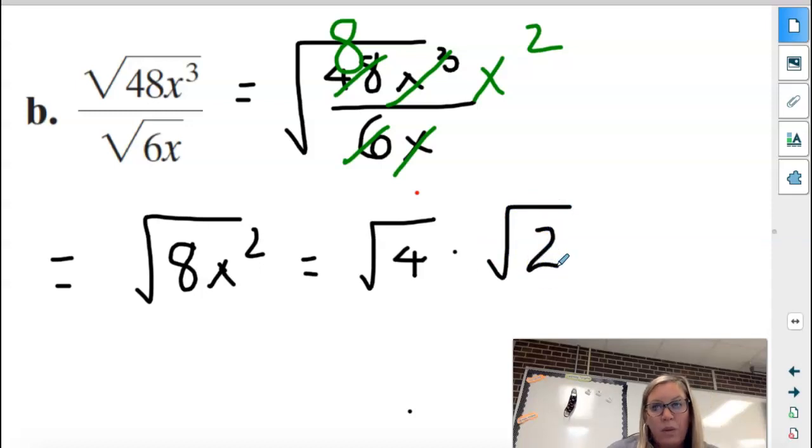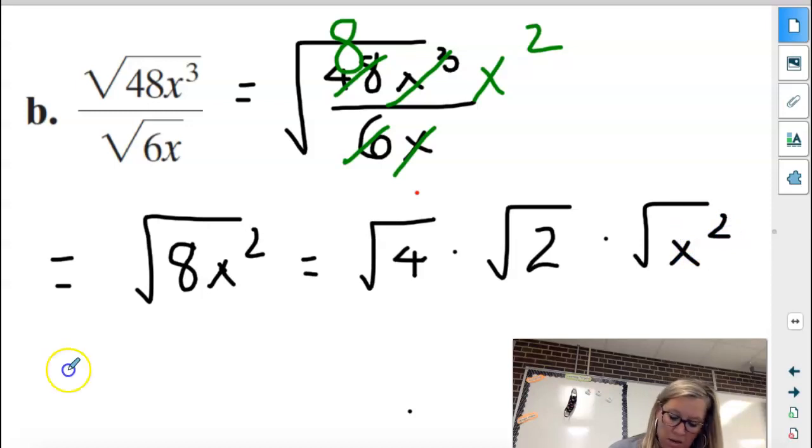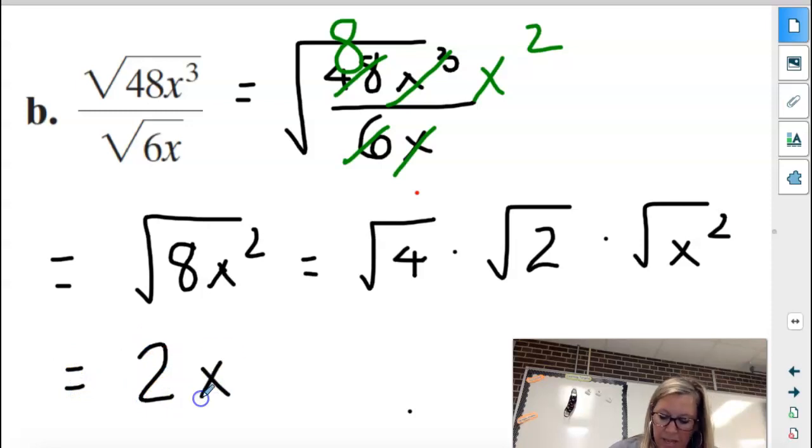And then x squared is by itself. All right, now the square root of 4 is 2. The square root of x squared is x. And then what you have left is that square root of 2.